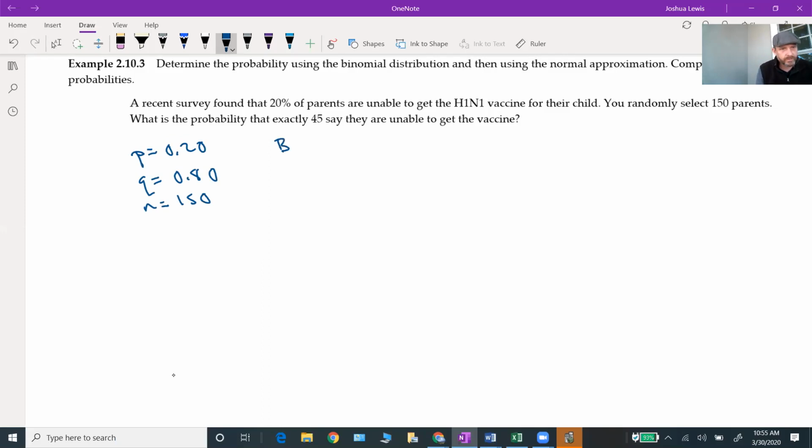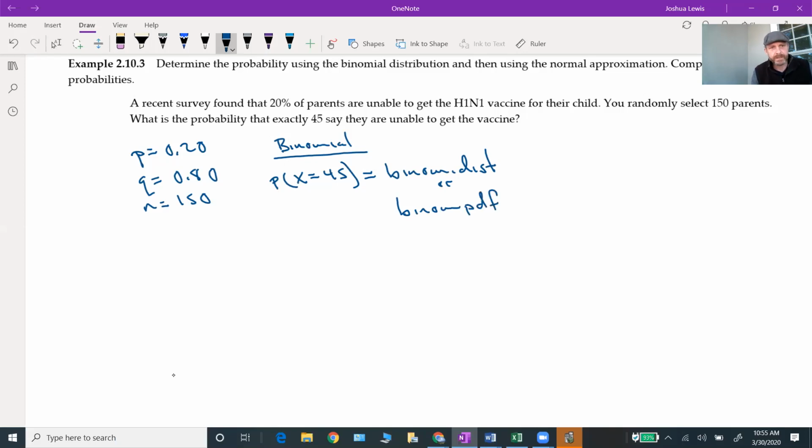All right, so binomial probability that exactly 45 say they are unable. Well, again, we're going to use binom dist, or if you're using a TI calculator, it would be binompdf. But I'm going to show you here with Excel.